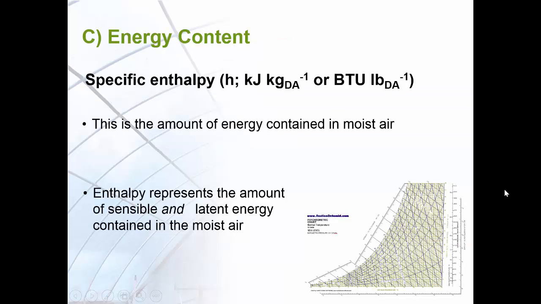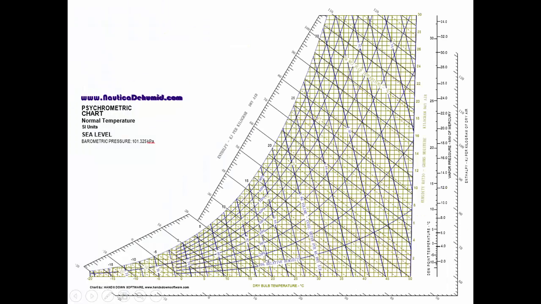The specific enthalpy is another thermodynamic property of the moist air, and specific enthalpy is the amount of energy contained in moist air. The enthalpy represents the amount of sensible and latent energy contained in the moist air. If we look at the psychrometric chart, we can find the specific enthalpy of the thermodynamic state by following these diagonal black lines on the psychrometric chart.